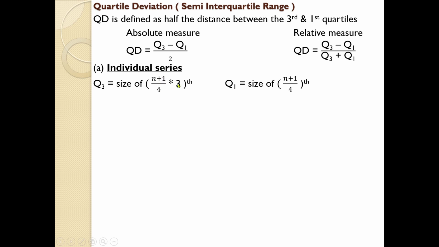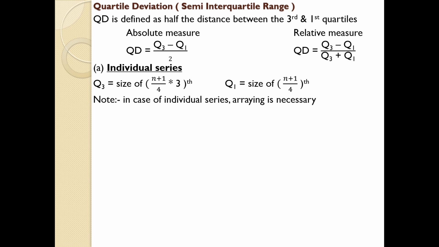And for finding q1 it is (n plus 1) by 4 into 1. Since into 1 doesn't affect our computation, that part is neglected. So in some texts or in some syllabuses, you may find (n plus 1) by 4 into 1. It doesn't affect our computation. So the q3 and q1 equations are like this.